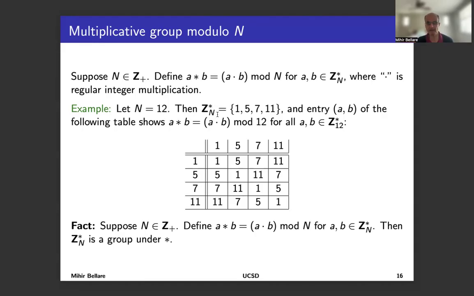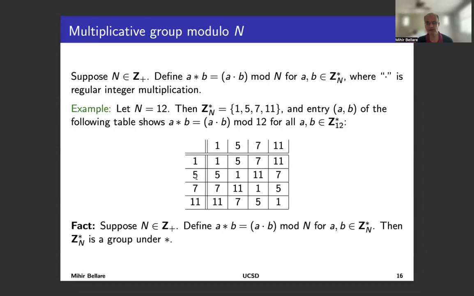When n was 12, we worked this out by checking one by one all the points in Zn to see that Zn star looked like these 4 points. So let's again create a table showing the results of the operation. For every a here and b here, I will write a times b mod 12 here, but I will confine myself to those a's and b's that fall in the set of interest.